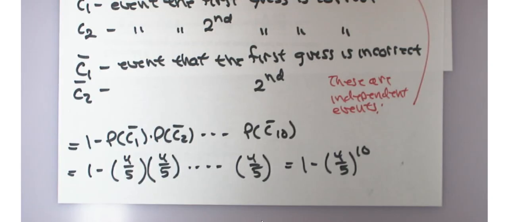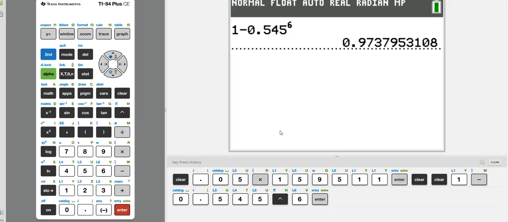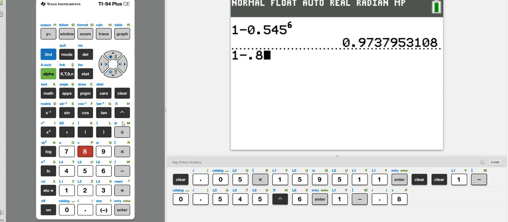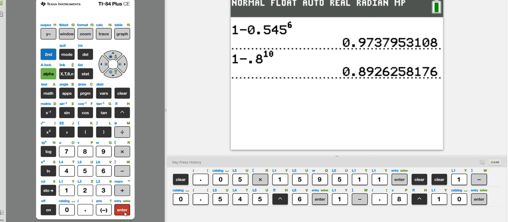So 1 minus 0.8 raised to the 10th. Do you think there's a good probability that this person is going to move on to the next phase? What do you think? Is there a good chance you move on to the next phase? Yeah, it's almost a 90% chance. So about 0.8926. Yeah, there's a good chance you're moving on.